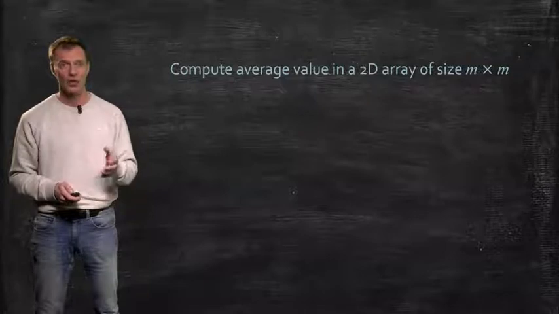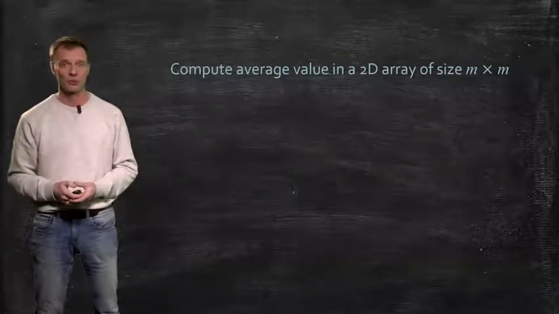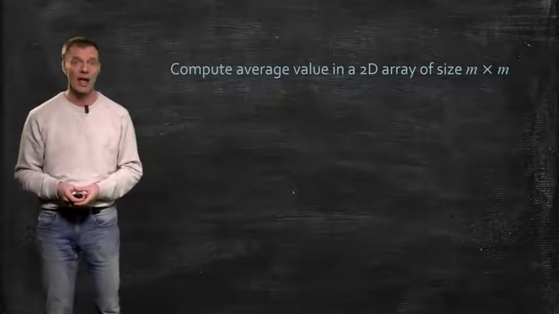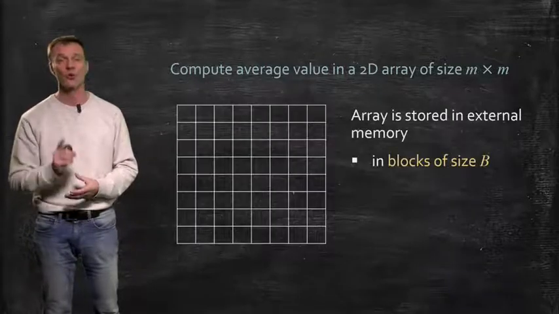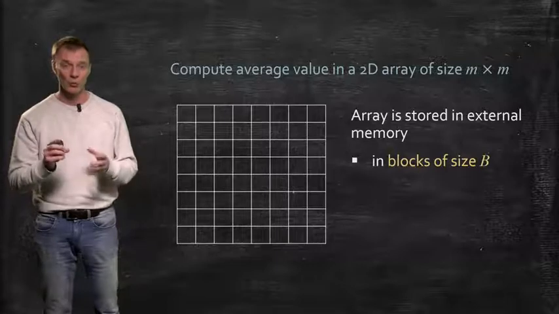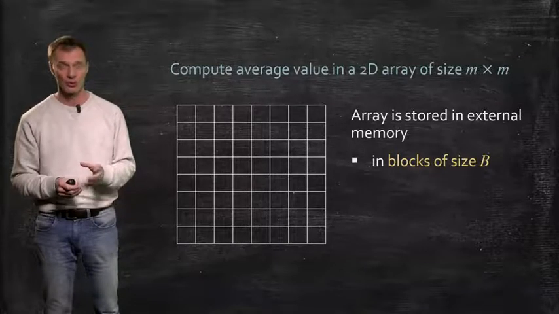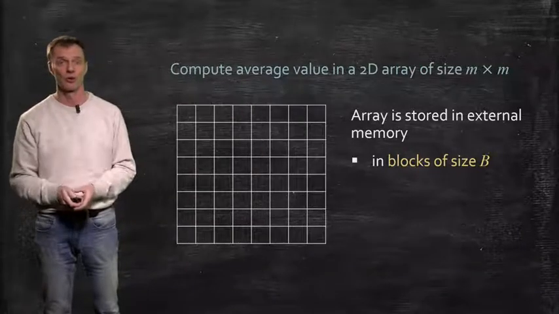Okay, so how can we compute the average value? Well, it's very simple. We simply go over all the elements in the array, add their values, and then take the average. The number of I/Os that is performed, however, depends on the way in which this array is stored in blocks. Or more precisely, which elements are stored together in a block.